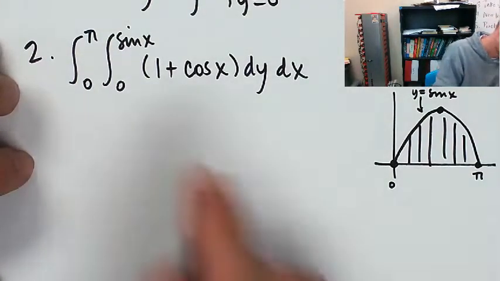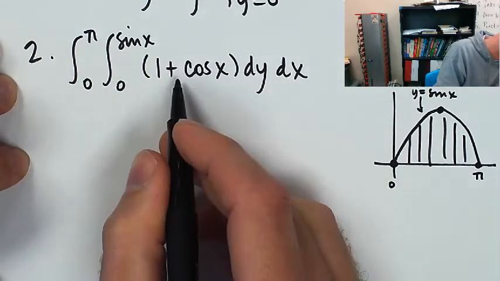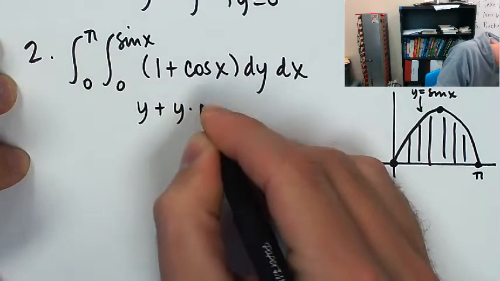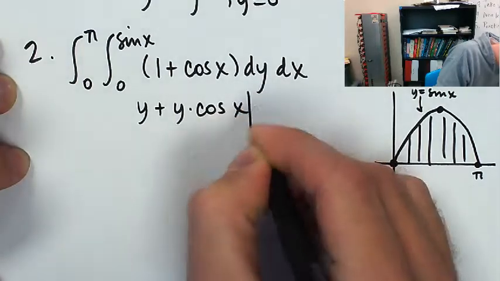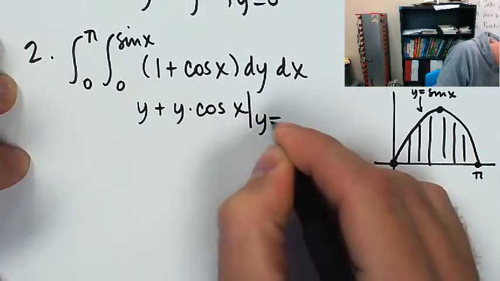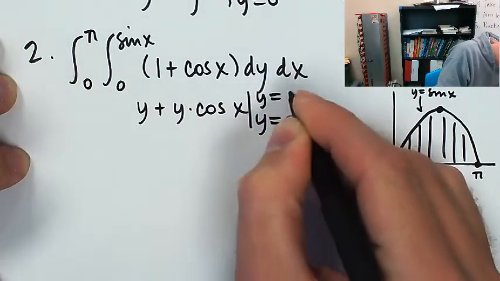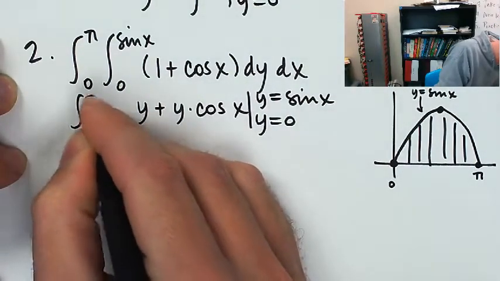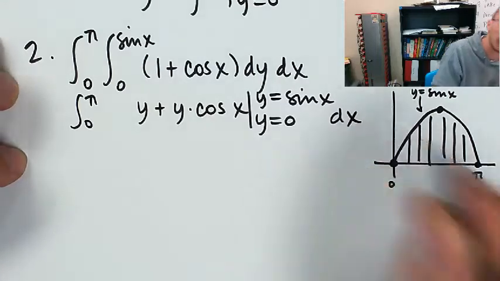And so I'm going to first integrate with respect to y. So that would be y plus y times cosine x, as y goes from 0 up to sine of x. Then integrate that from 0 to pi with respect to x.